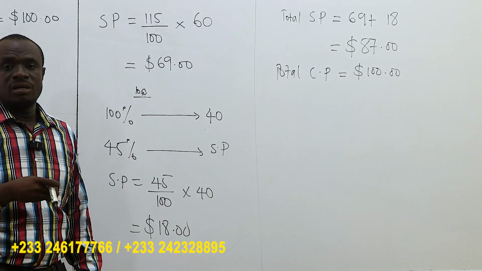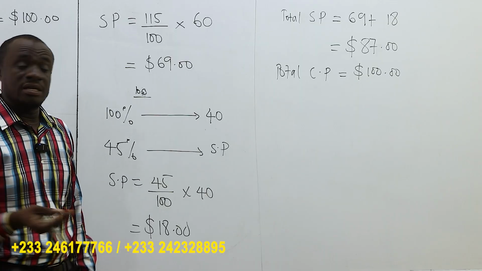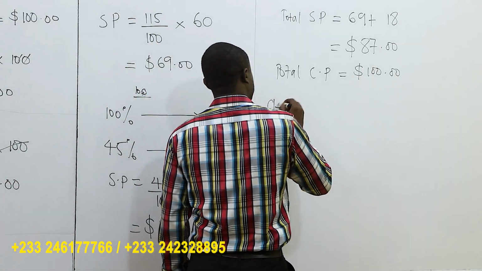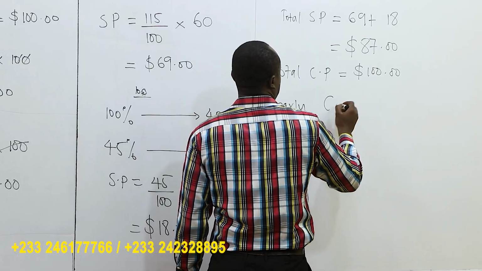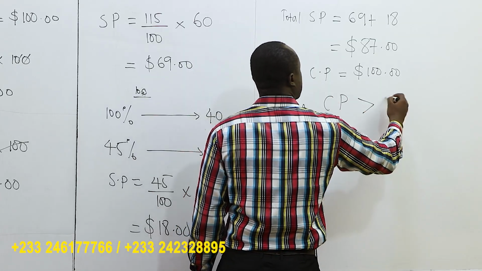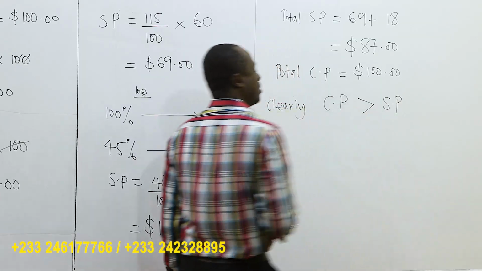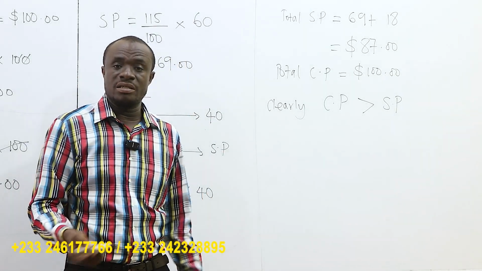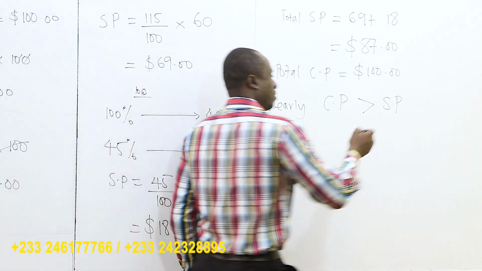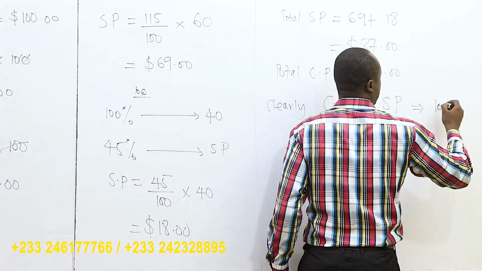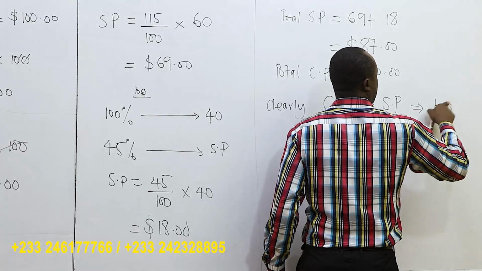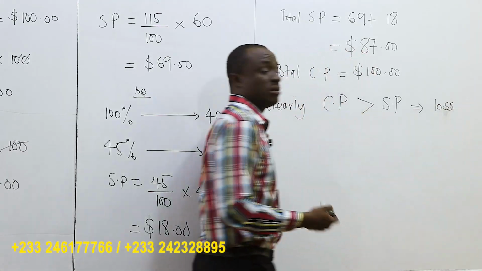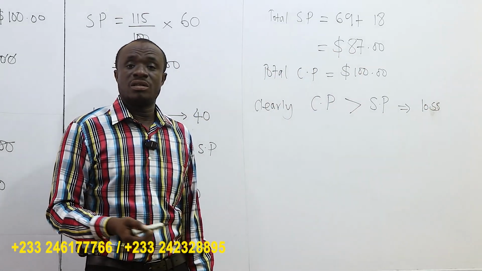What can we see? The cost price is greater than the selling price. And if the cost price is greater than the selling price, I've made a loss, which implies that there is a loss. Why? The cost price is greater than the selling price.